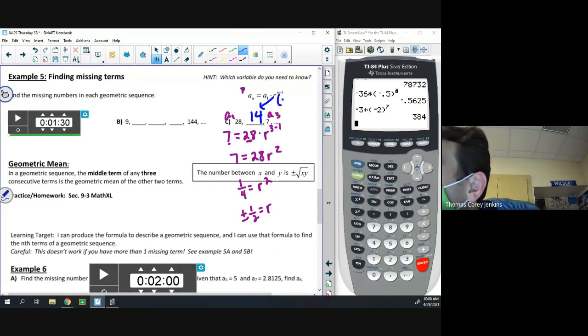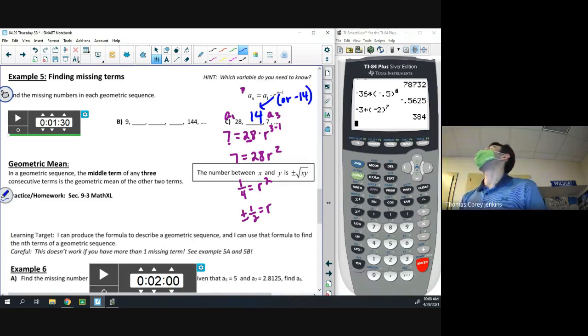So I'd put or negative 14. On Math Excel, they might say what are 2 possible options, so it'd just be the positive or the negative. Or sometimes there can be one, which we'll get to in a second too.